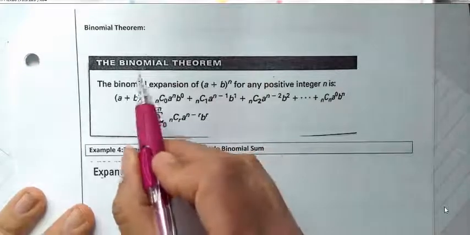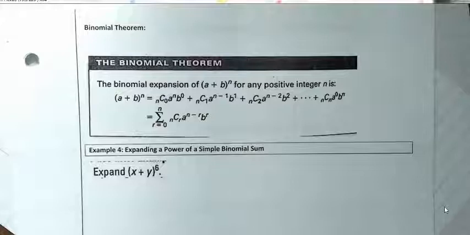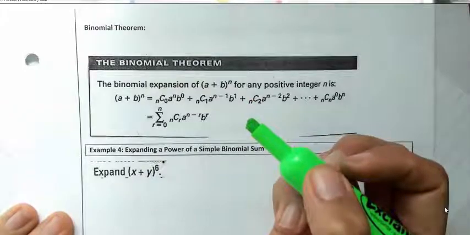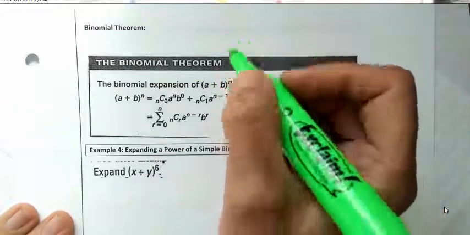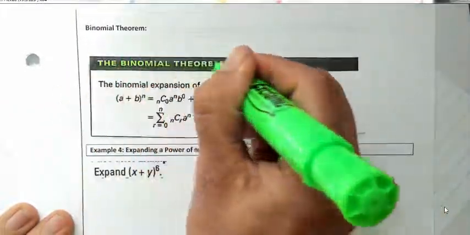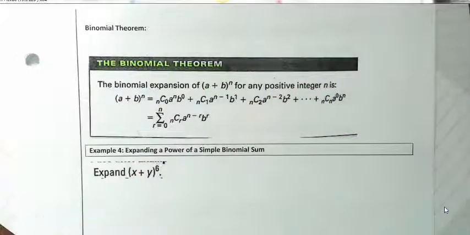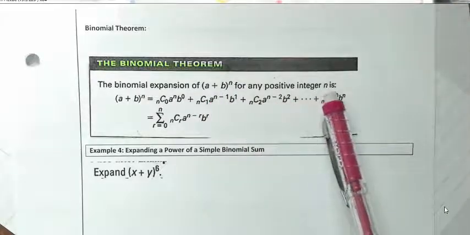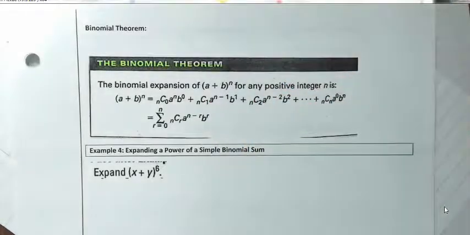Okay, so the binomial theorem, this is a way that would make this a little bit easier for you to do without having to draw out Pascal's triangle. You definitely need to use a calculator, however. So this is the binomial theorem. And basically, if you have the expansion of any binomial for any positive integer n, okay, so we're talking about when you have a positive exponent, is this.